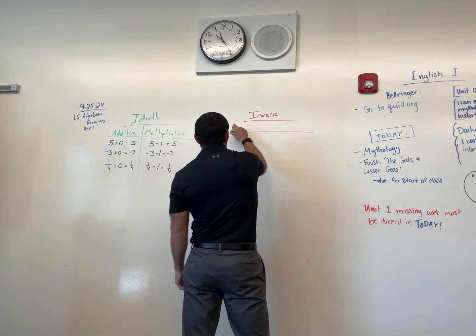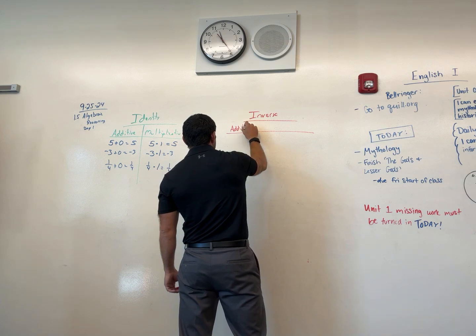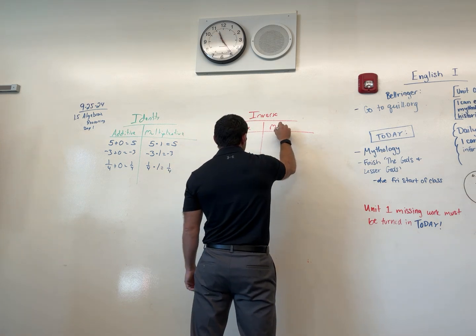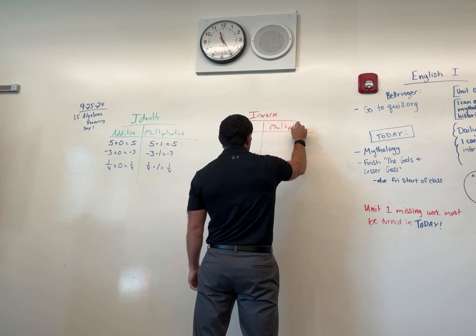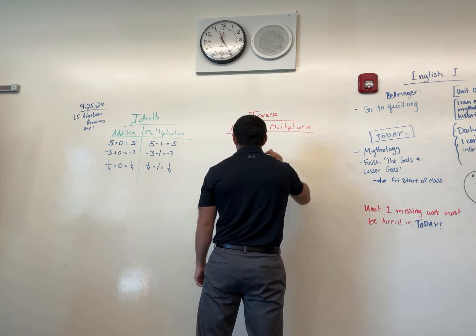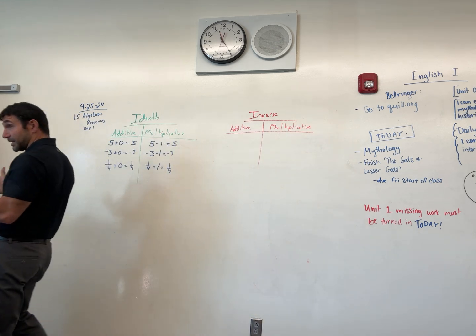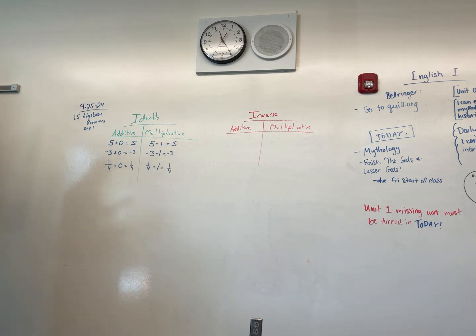Same thing with inverse. And again, these are things that you've seen. We have the additive inverse. We have the multiplicative inverse. We've done these. How do I know? Because we just had an equation where we've done both of these.